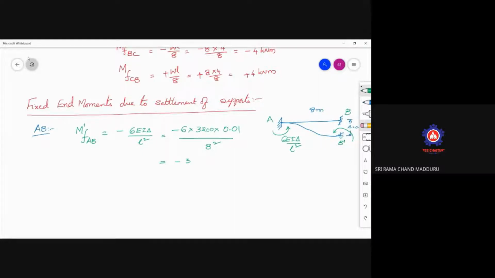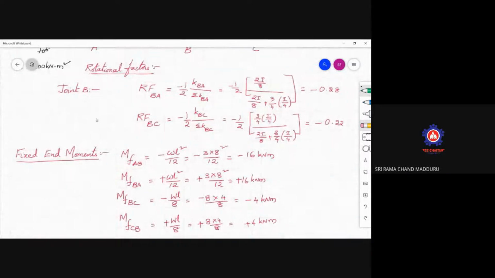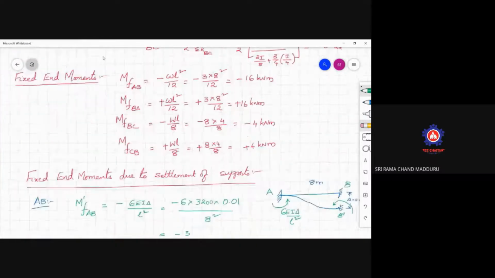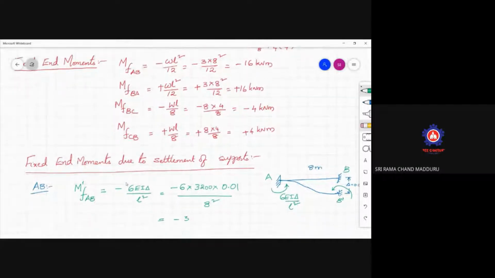Just have a look at this. This is EI. Now go to our beam AB. In this beam AB, it is mentioned as 2I. Don't forget the moment of inertia value. So I will become 2 times. So we need to multiply with 2 here.